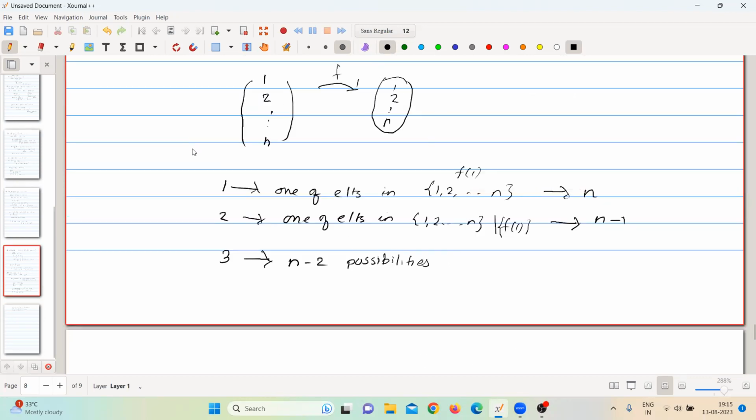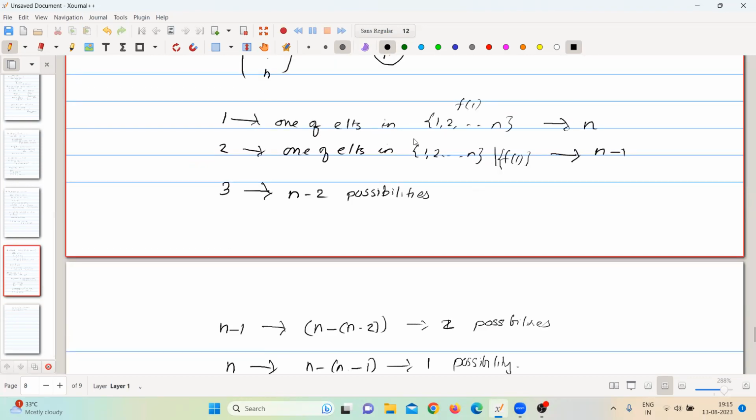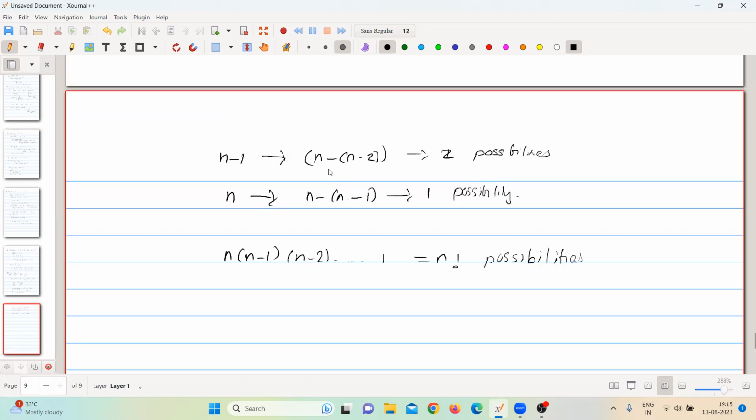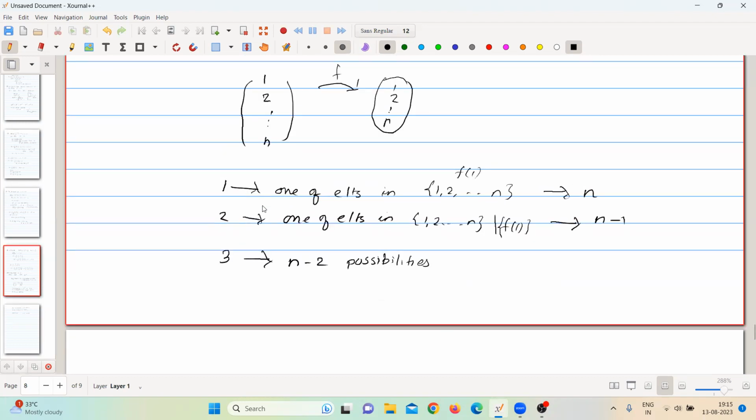So all together we have n into n minus 1 into n minus 2 etc. down to 1, which is equal to n factorial possibilities to find a function, that means to find a bijection. What we are listing here is all the possible maps.